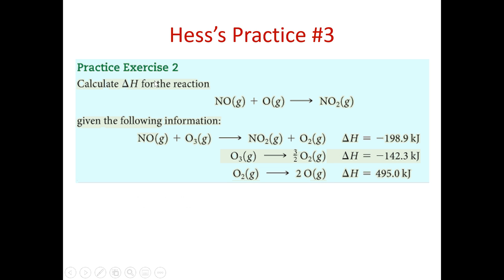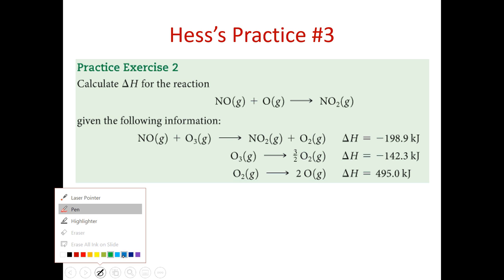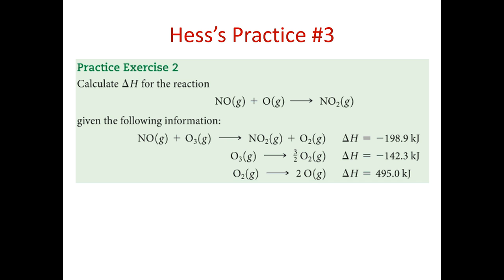Practice number 3. Find delta H for this reaction right here. So I am going to, again, focus on one molecule at a time. I want my reaction to have one NO2 on the right. And it looks like this reaction already has one NO2 on the right. So I am all set there. I'm not going to worry about that one.